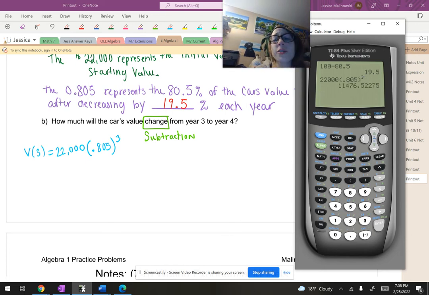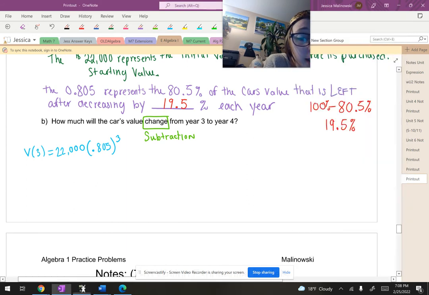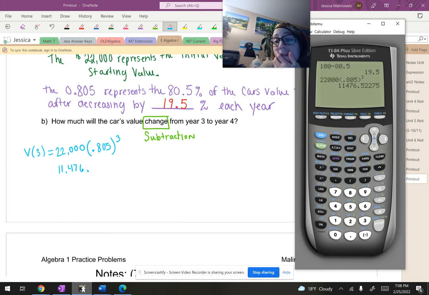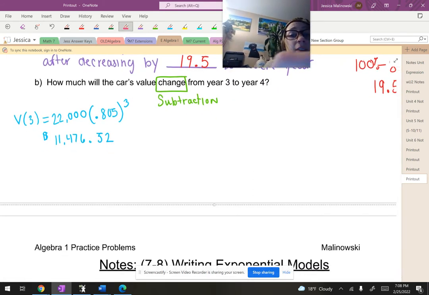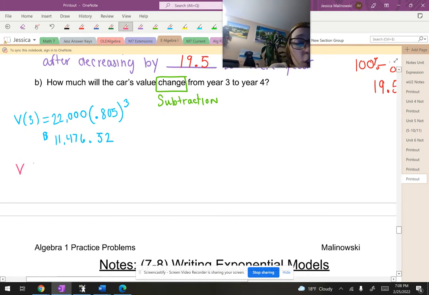Boom, we're talking about money, so all money gets rounded to the nearest hundredth. So 11,476.52. Remember, in a situation on a test, you want to show me the decimal first and then round afterwards to get some partial credit.